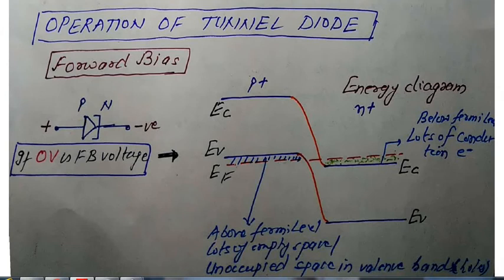We can see here the Fermi level will be constant throughout the diode, from this side to this side, because when the Fermi level is constant there will not be any current flow. So this we can see with the help of the IV curve for 0 volt forward bias voltage.